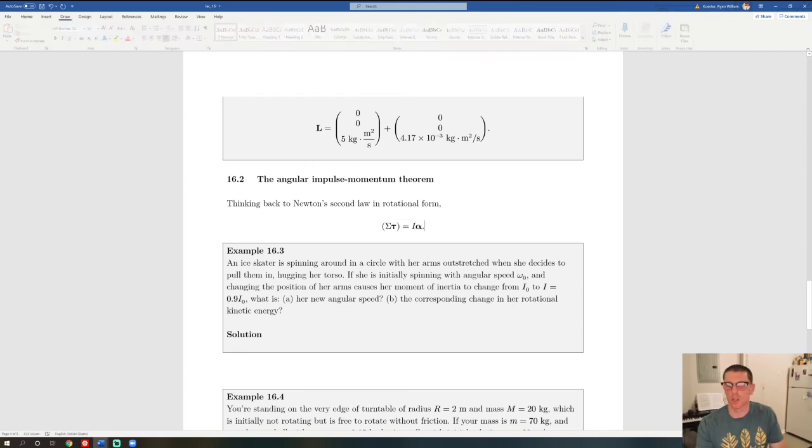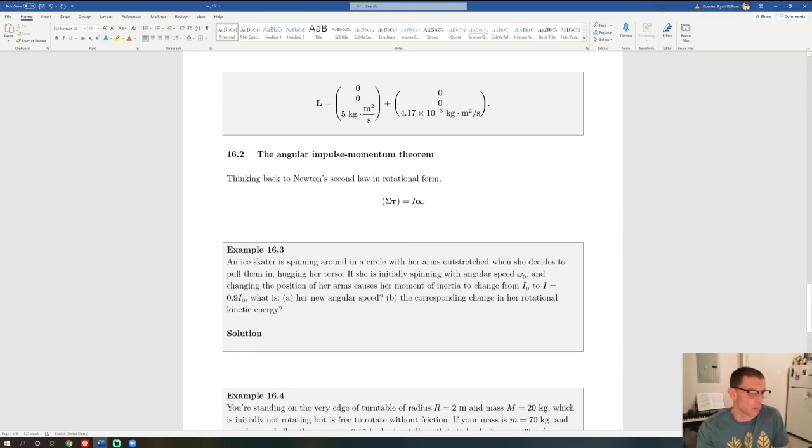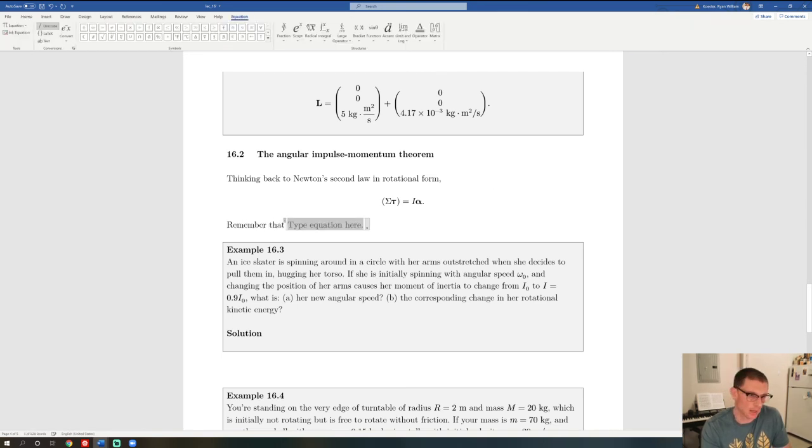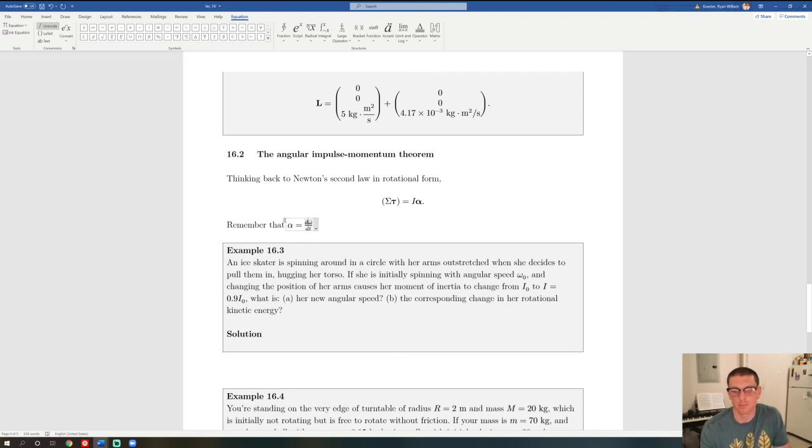We've worked with this a bit now. But I want to remind you that alpha is the time derivative of omega, the first derivative of omega with respect to time.